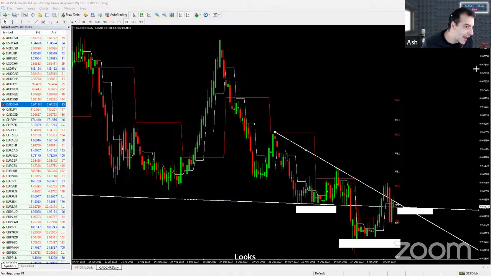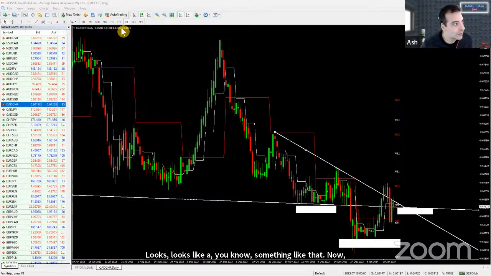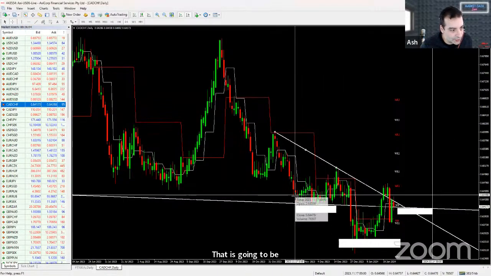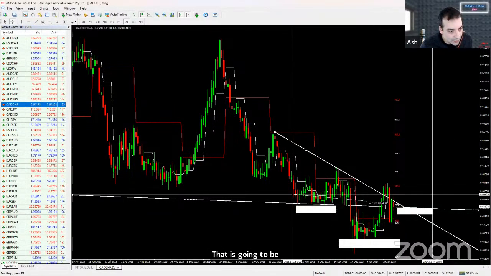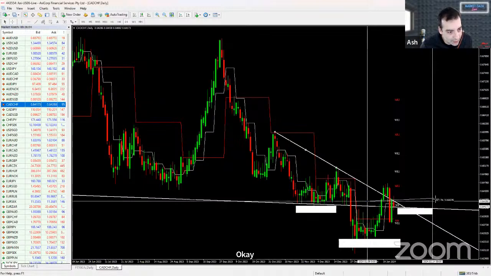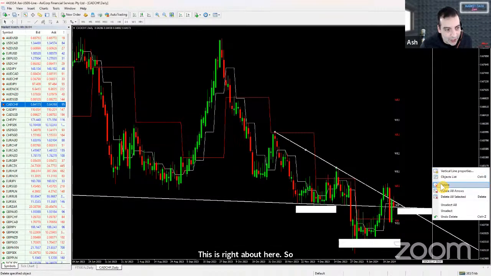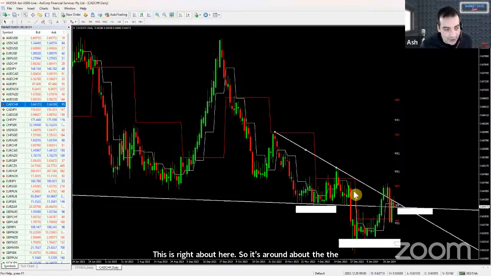If that is to happen, we'll count the bars. In the middle is about 37. So it's around about here, around the second to third week in February, before this happens.